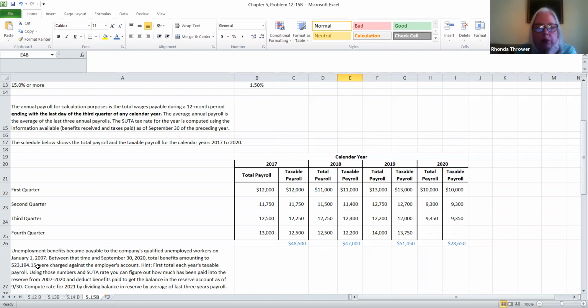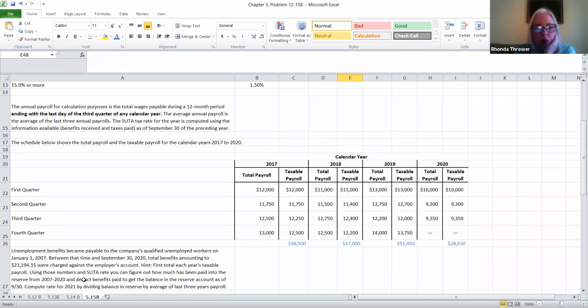So these were the benefits that were paid through the unemployment. Evidently, he had some unemployed folks in this particular company. Hint: first total each year's taxable payroll. That's what I did here.